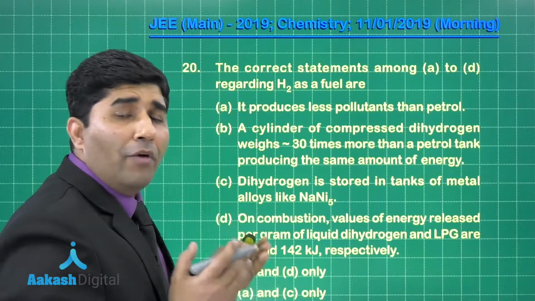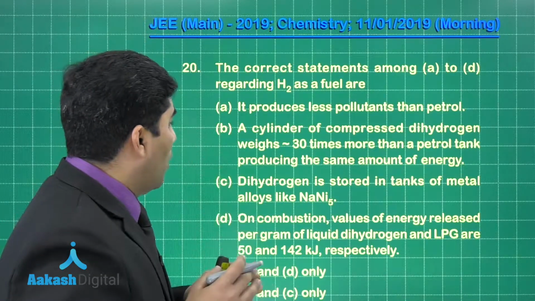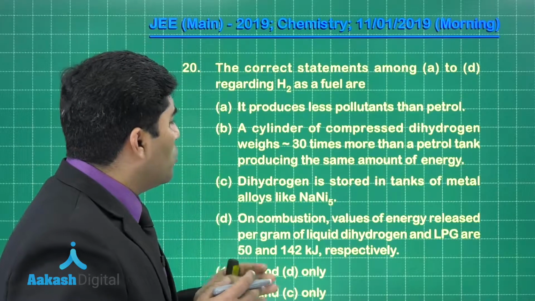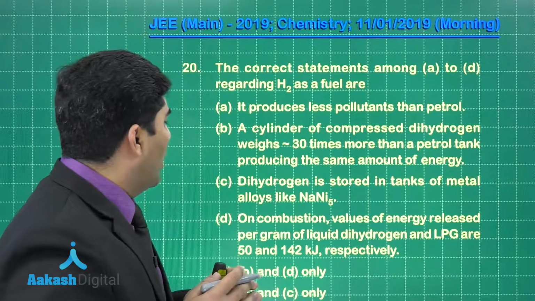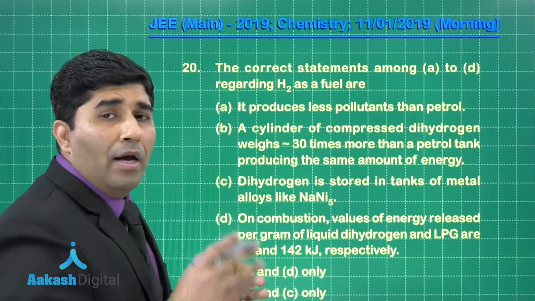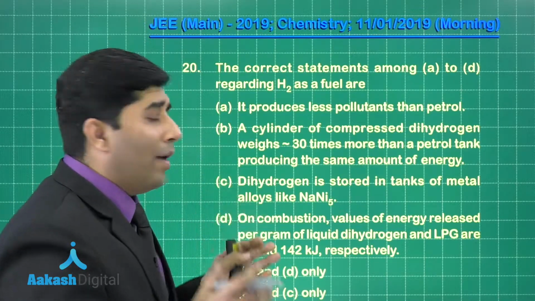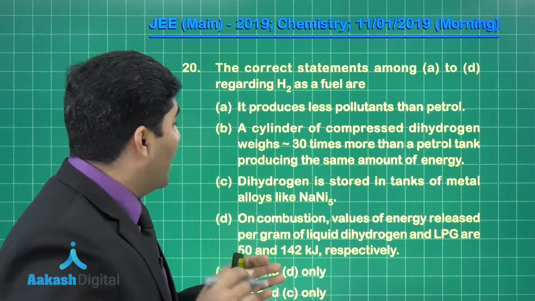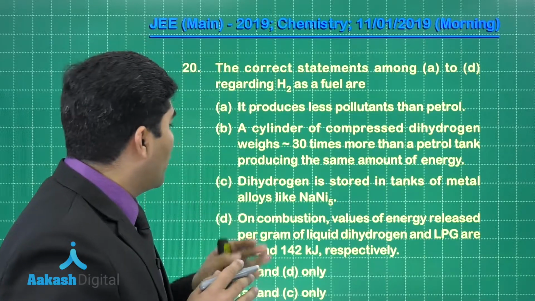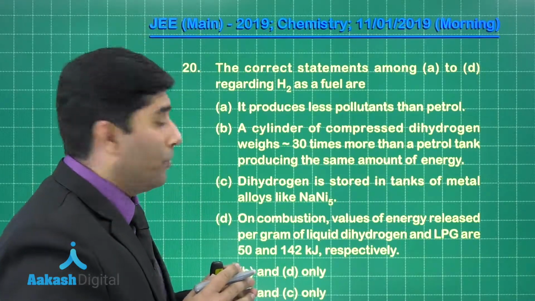The calorific value of hydrogen is very high, that's why it is a correct option. Dihydrogen is stored in the tank of metal alloys like NaNi5. Hydrogen is very explosive, it is very difficult to handle hydrogen as a fuel, that's why it is stored in the tanks of metal alloys like NaNi5.